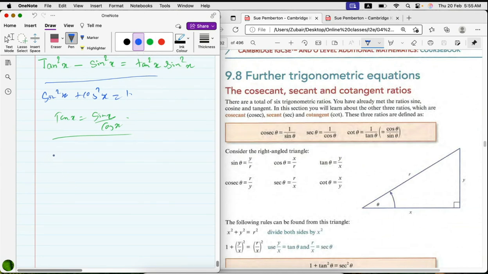So 1 over sine x is cosecant x. 1 over cos x is secant x. I just memorized it this way: this is starting with S and this is starting with C. This is C and that's opposite S. And 1 over tan x is cot x.